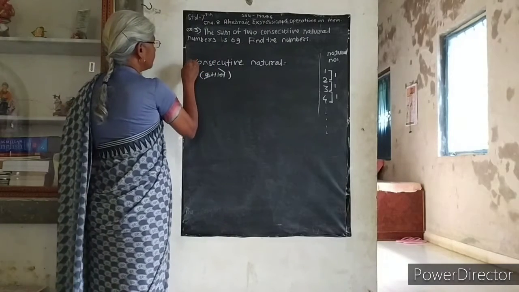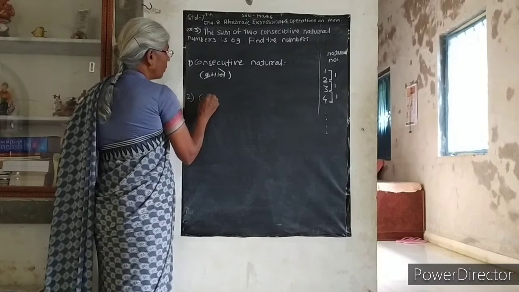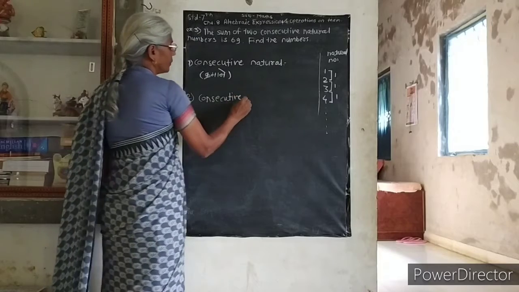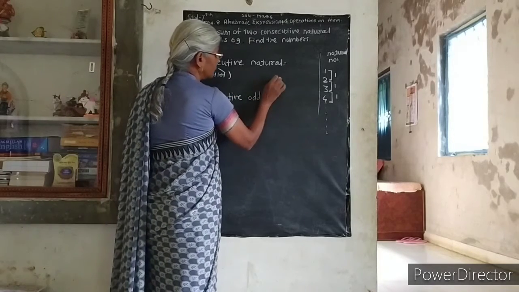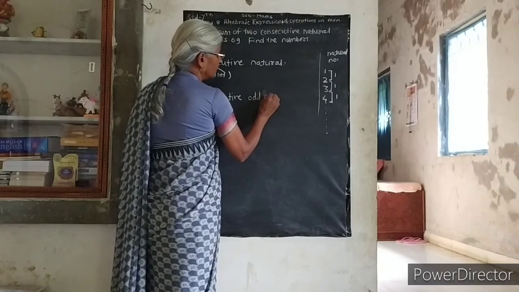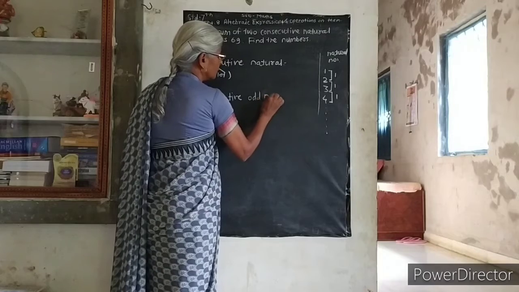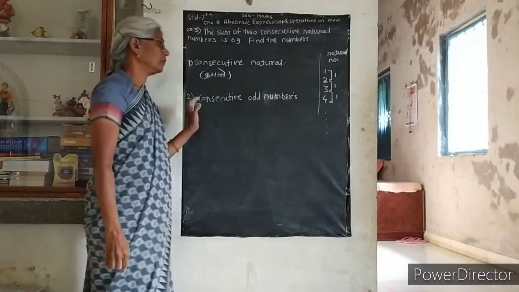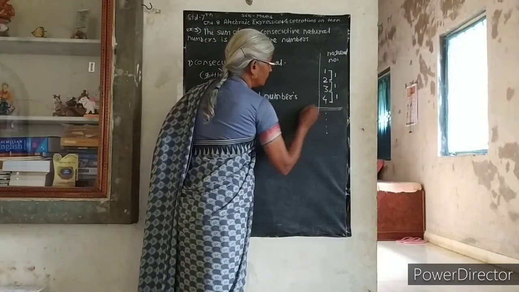Secondly, if you are given consecutive odd numbers, odd natural numbers, see here, odd numbers.